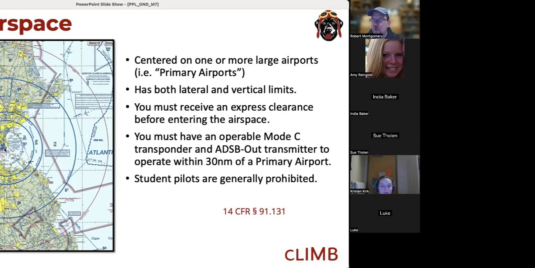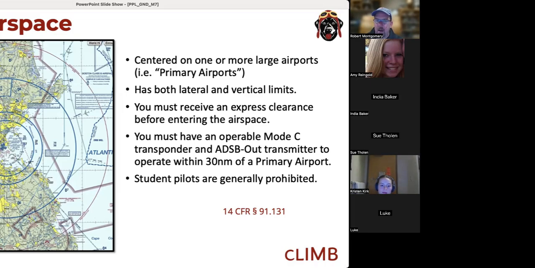It's to get within 30 nautical miles of that primary airport. And so if you look here, you see this little magenta ring that goes all the way around the Class Bravo. That magenta ring is 30 nautical miles from the airport reference point at Boston. So if you want to come inside that ring, you have to have ADS-B Out, and you have to have an operable transponder.